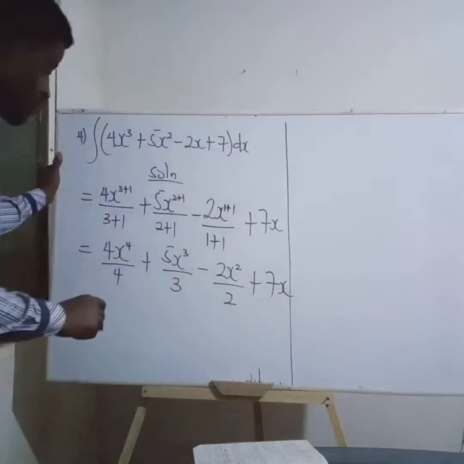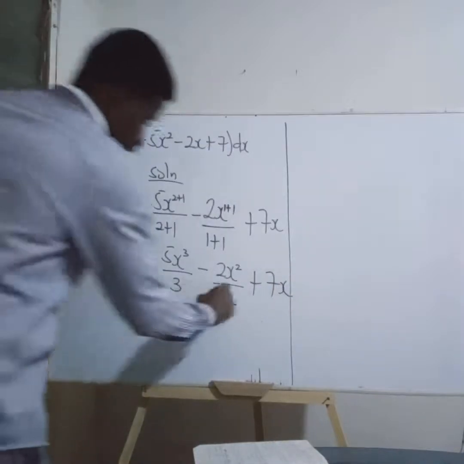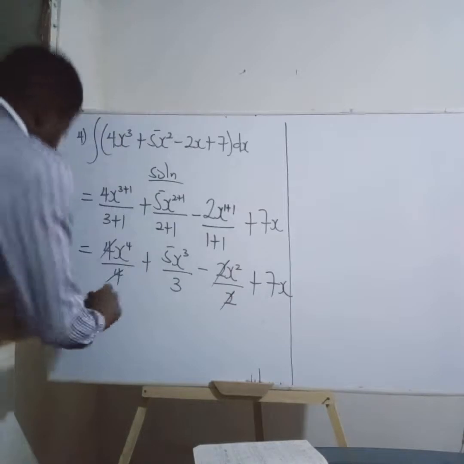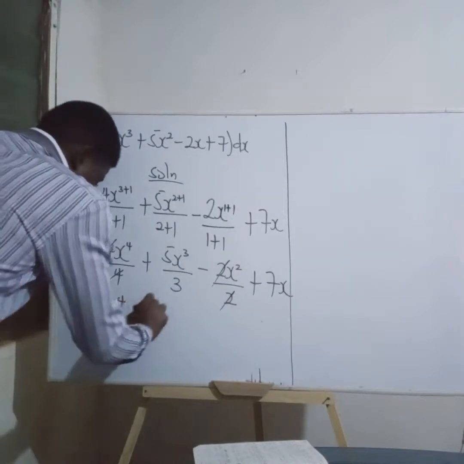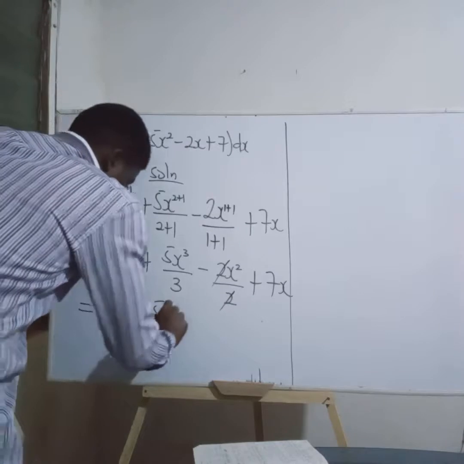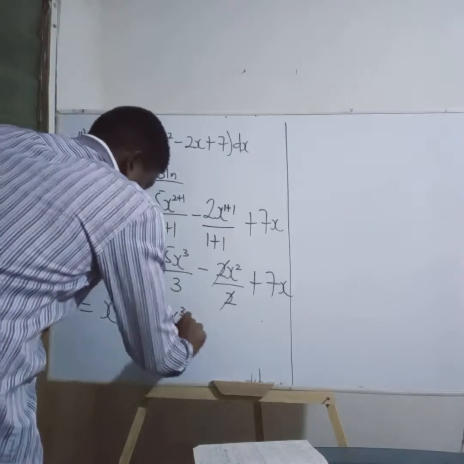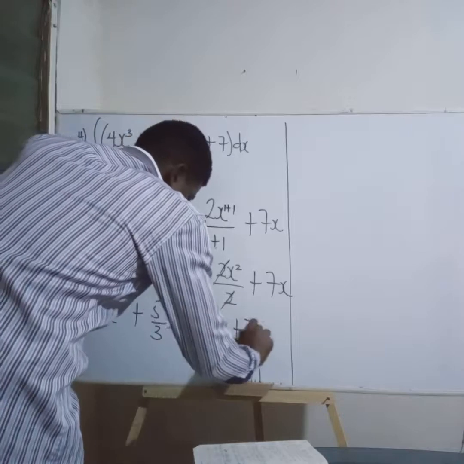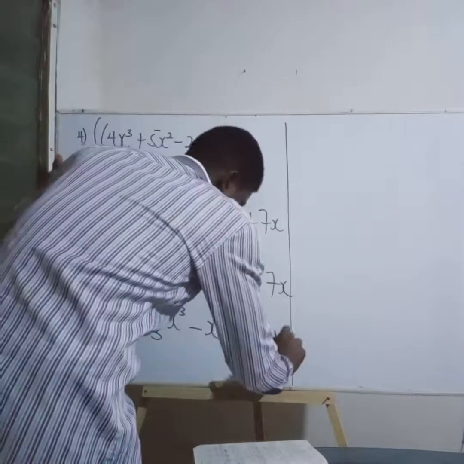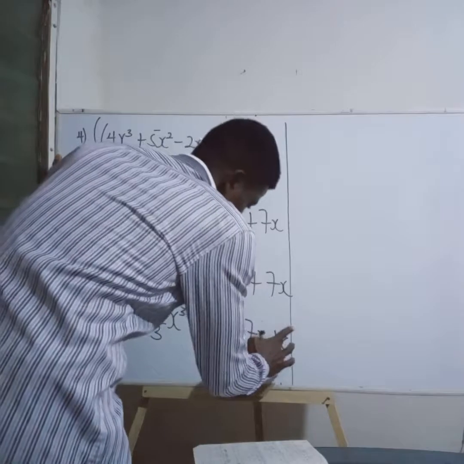So now let's do some cancellation. This can take care of that. This will take care of that. Leaving me with x to the power 4 plus 5 over 3 x raised to the power 3 minus x squared plus 7x plus c. Don't forget the constant of integration.